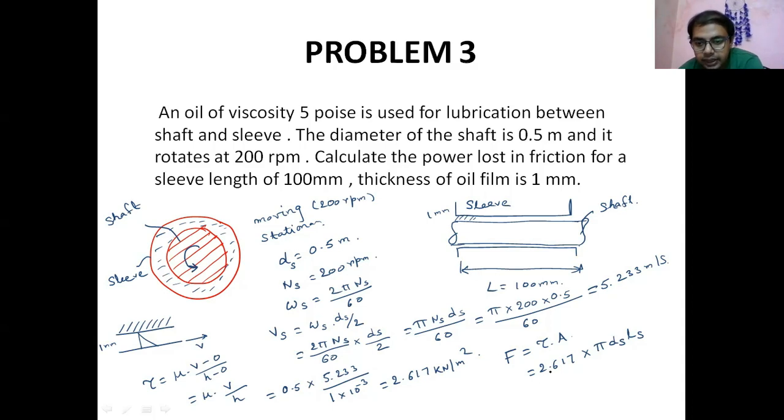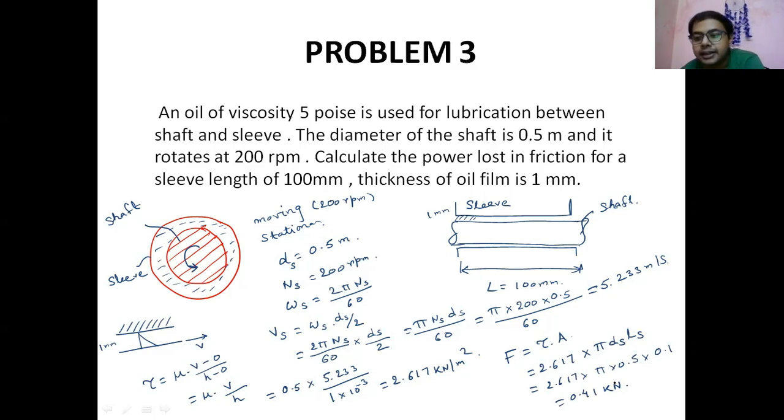If you put the values here, 6.5 into 0.5 into 0.1. Ls is equal to 100 mm, so 0.1 meter. So it will come around 0.41 kilonewton. That is the force. How is the force acting?